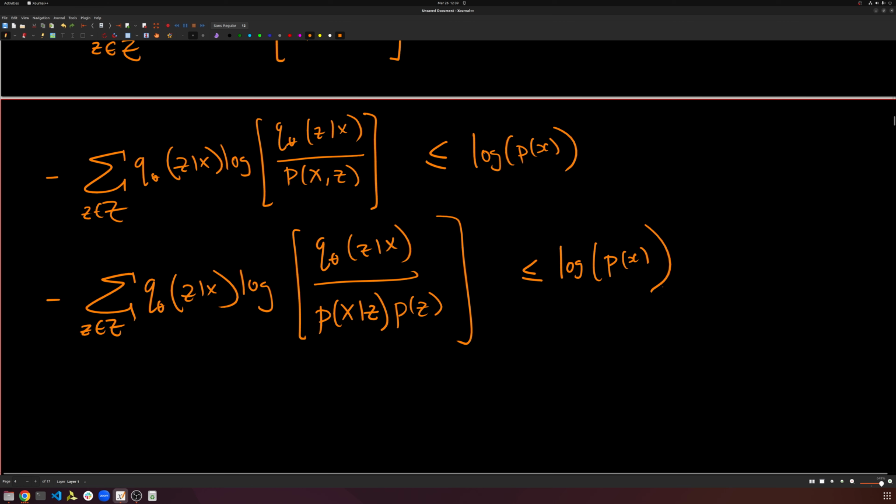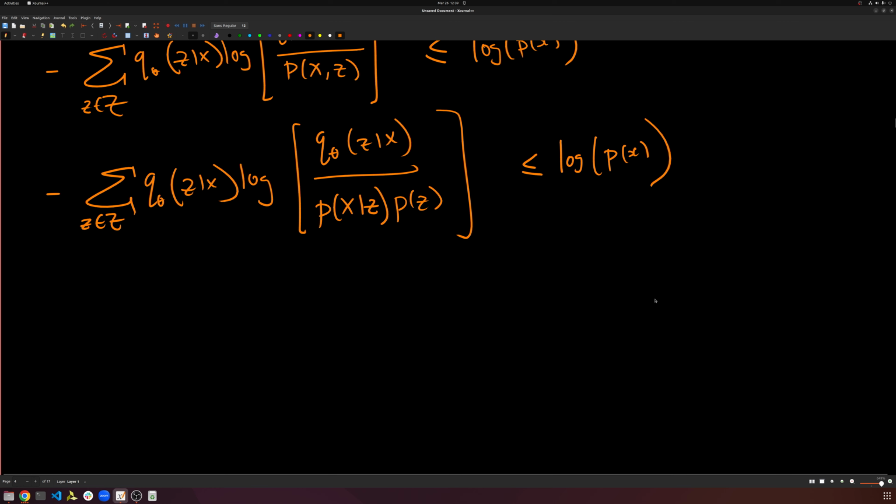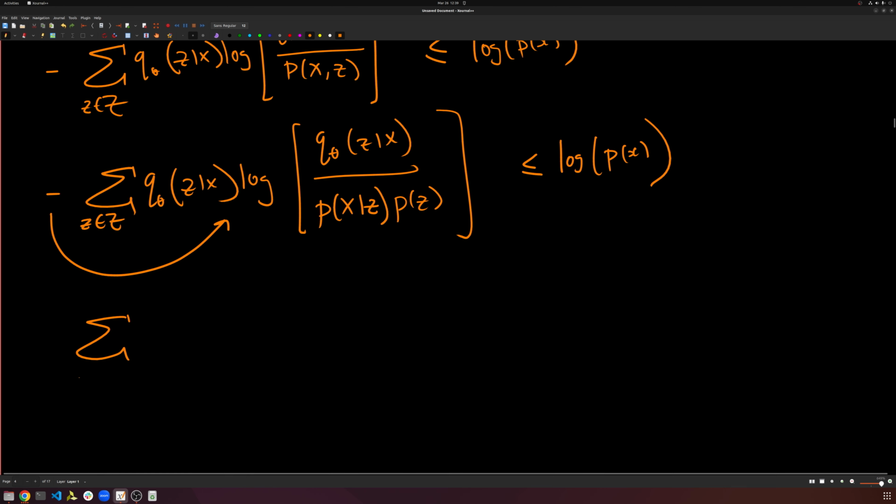And here is one of the most crucial parts of this whole derivation. Actually, before we wrap this part up, let's put this negative inside the log, just to simplify a bit. So sum over z element of Z, q theta z given x.